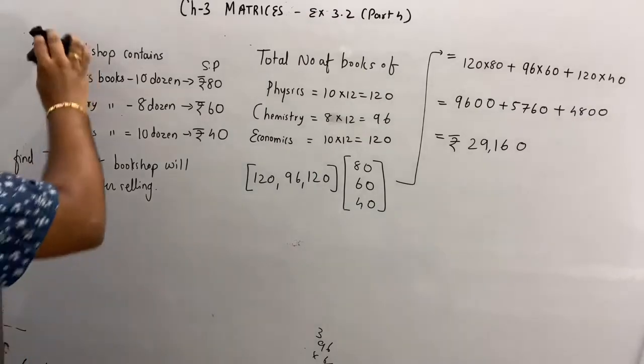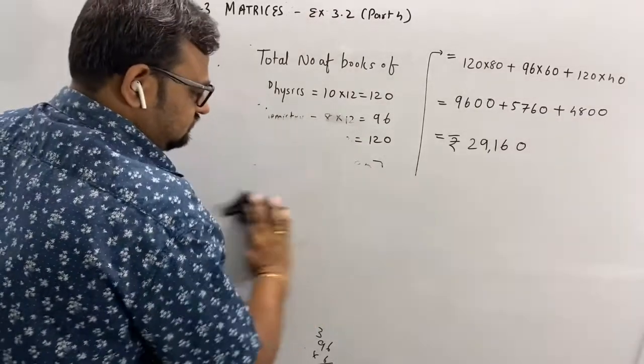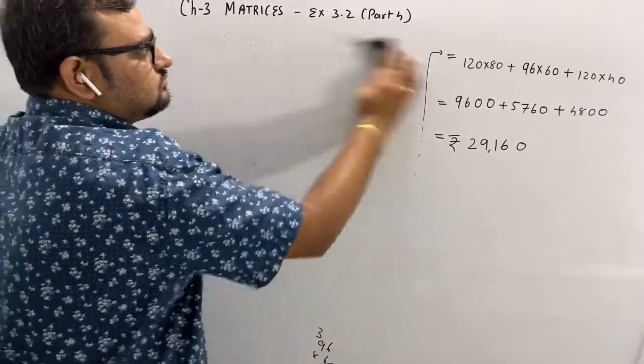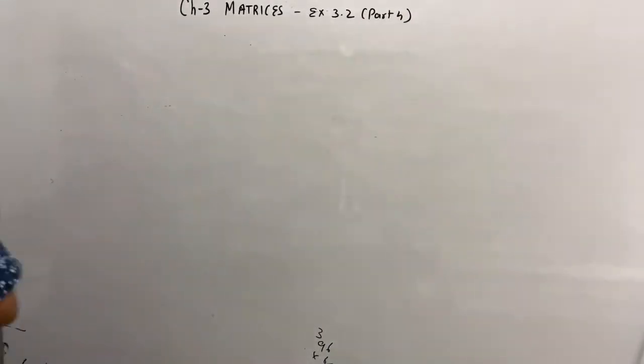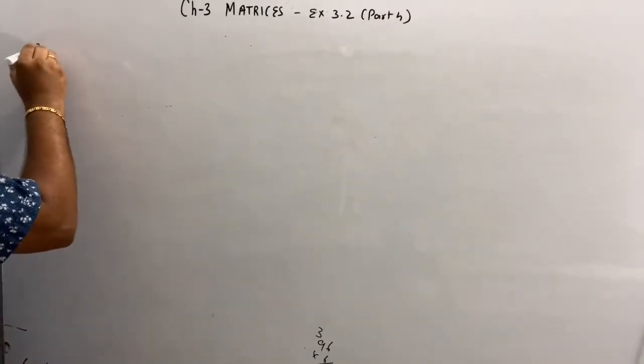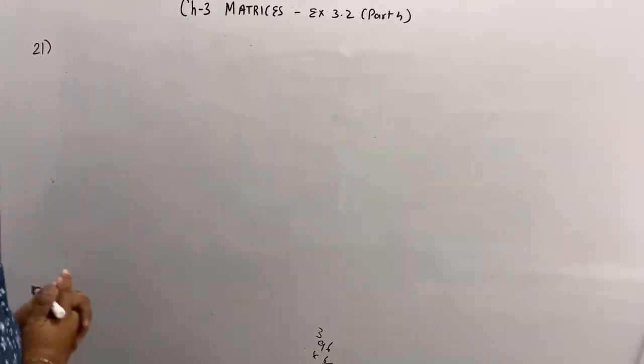Next, question number 21. Okay. Now 21 and 22 both are MCQ. So see what is question number 21?